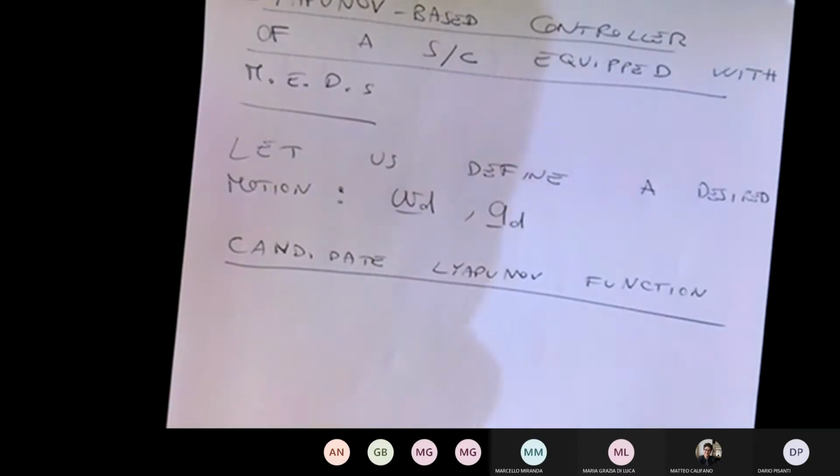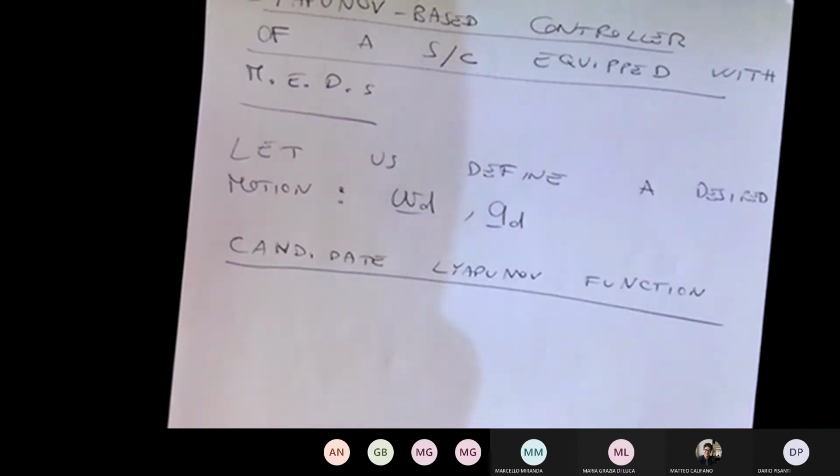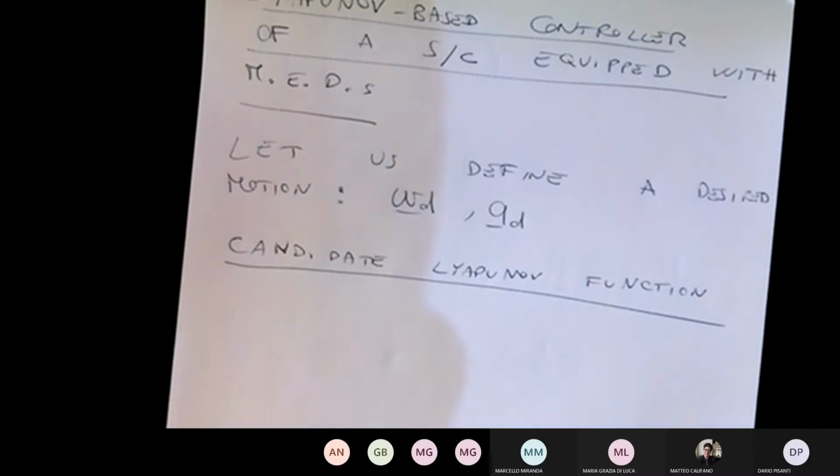But it boils down to defining a scalar positive definite function, called the Lyapunov function, of the error that your system experiences, and we want to make the time derivative of that Lyapunov function always negative definite by acting on what we can act. In our case it is capital omega J dot and the gamma J's.